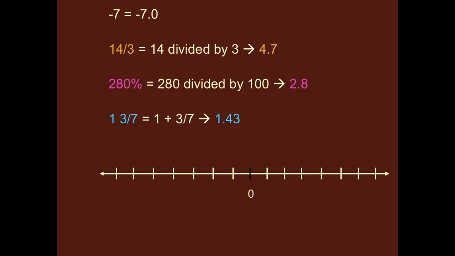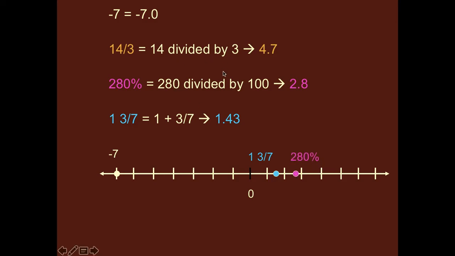Now let us place them on the number line. Negative 7 is the smallest integer that will come on the number line. So the least is negative 7. Then we have 1 3/7, which is 1.43. It will be in between 1 and 2.